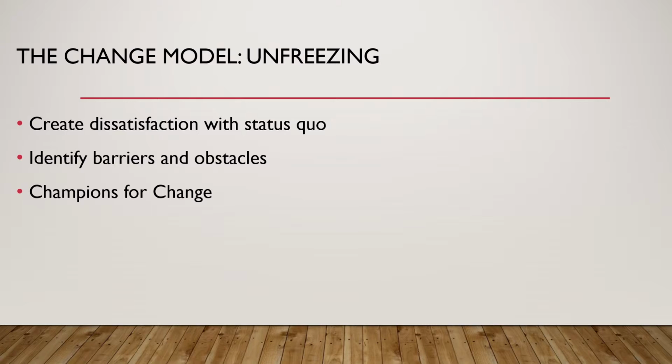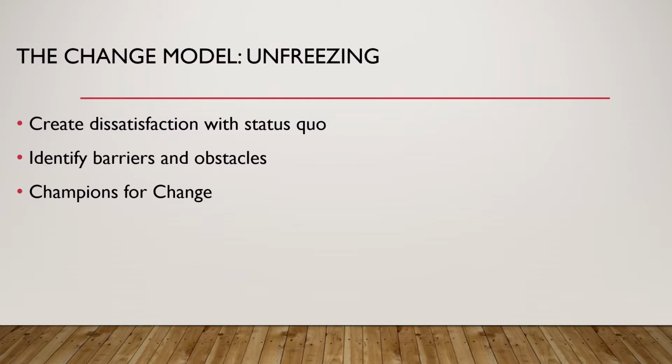This is also the stage where you would be identifying any barriers and obstacles that we might have, whether it's regarding CPOE or whether it's among your teams. In this step, you will identify who your champions for change are. There is bound to be a group of employees who are going to be on board with you to go through this change. They are your champions and they are going to have your back.